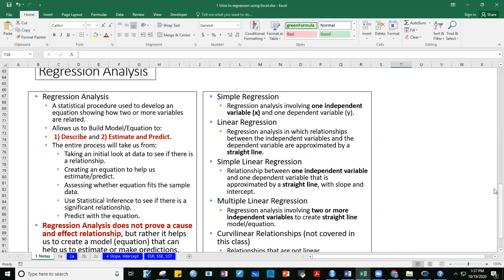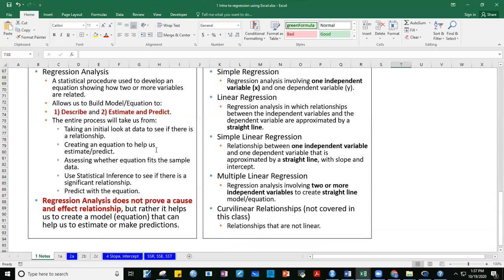So this is how the entire process will look. Of course, first we plot the data. We try to establish if there's a relationship between them by plotting the data. Then we create an equation, a regression model, and try to see if there's a statistically significant relationship between these variables.